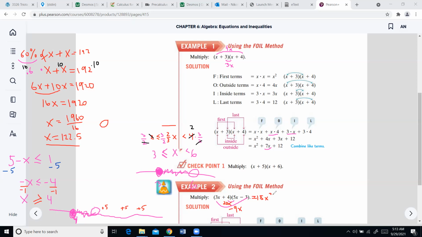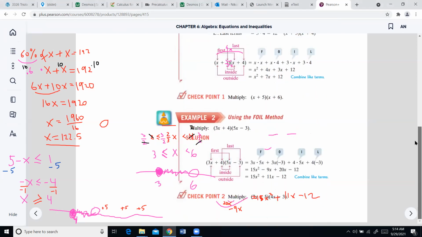That's my start, 15x squared. Now inside and outside, 20 minus 9 will give us 11x, right? And the last terms, positive 4 and negative 3, will give us negative 12. So I just put the answer right away, and that's what they want me to do. And that's actually what they produced in this solution as well.